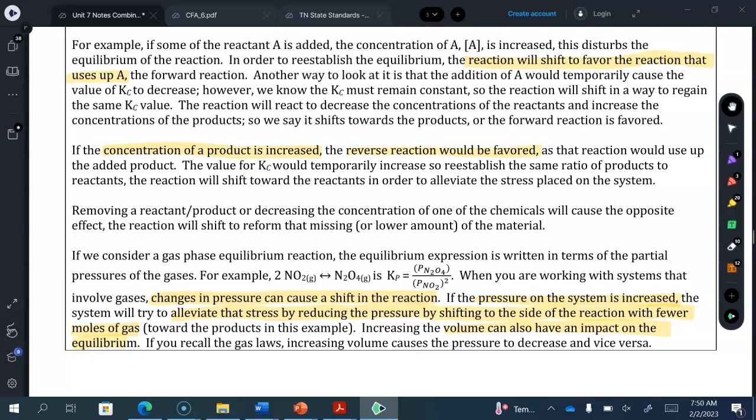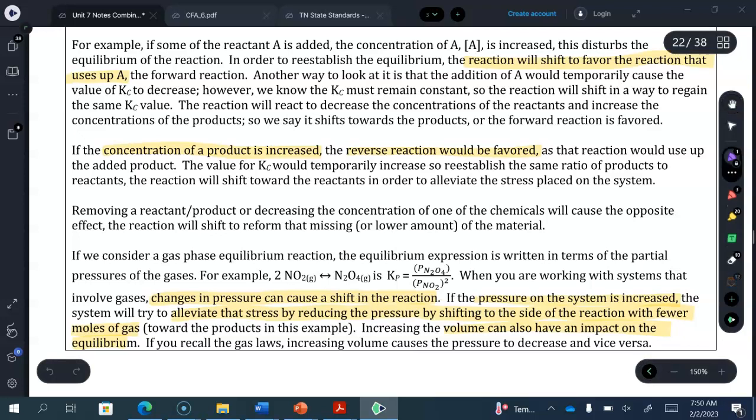Another way to look at it is that the addition of A would temporarily cause the value of Kc to decrease. This means that, and it's not Kc, it's technically Q. So Q then becomes less than Kc, because you have more reactants than products compared to the equilibrium state.